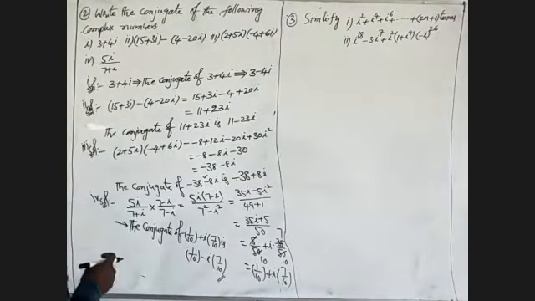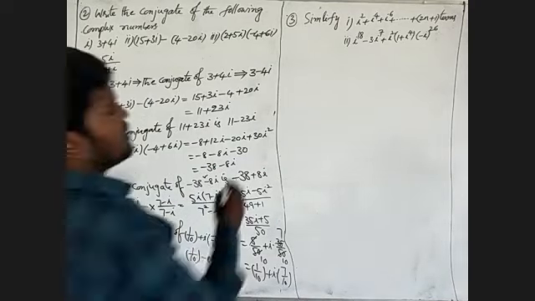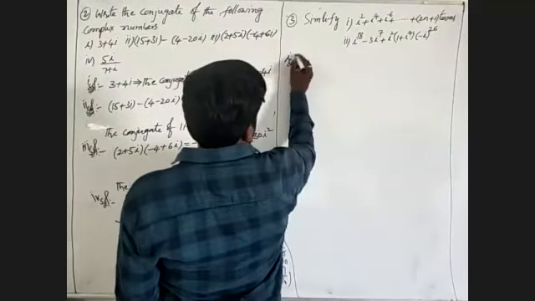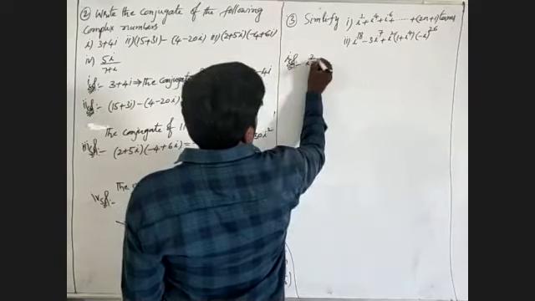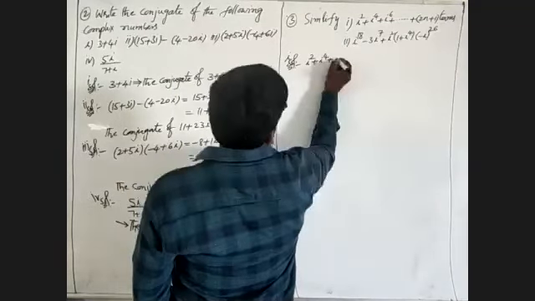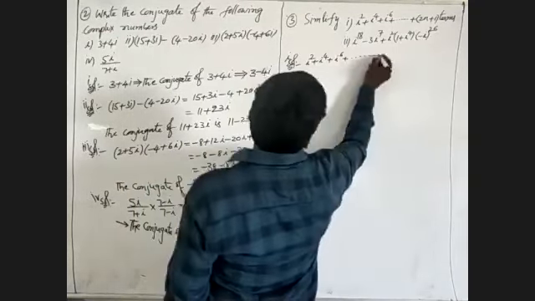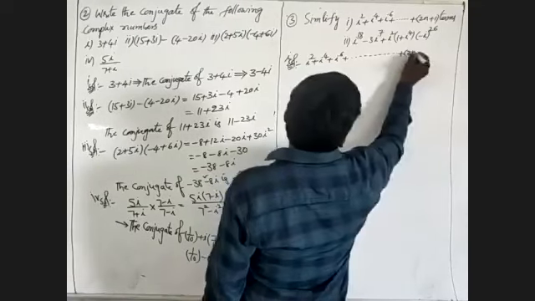We have to simplify these two terms. First, I am going to the first one, that is i square plus i power 4 plus i power 6 and so on plus 2n plus 1 terms.